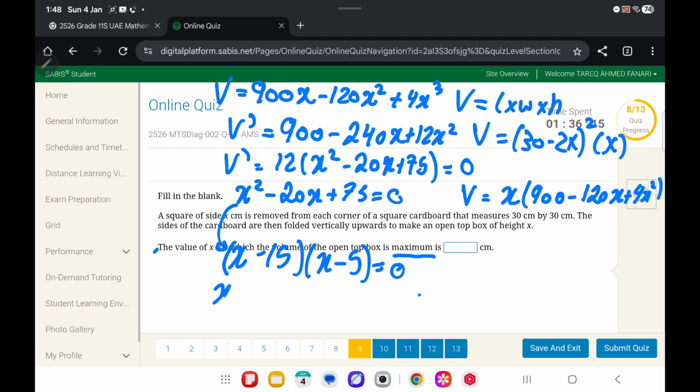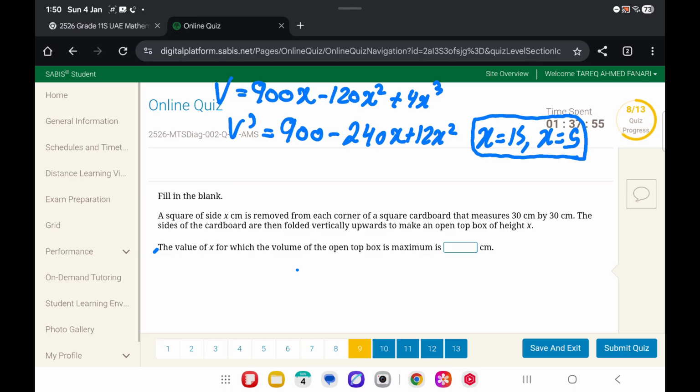Alright, so x is equal to 15, x is equal to 5. These are my two solutions. Perfect. Now, I need to find my second derivative so I can properly assess which one's the minimum and which one's the maximum. Okay, so these are my points, right?